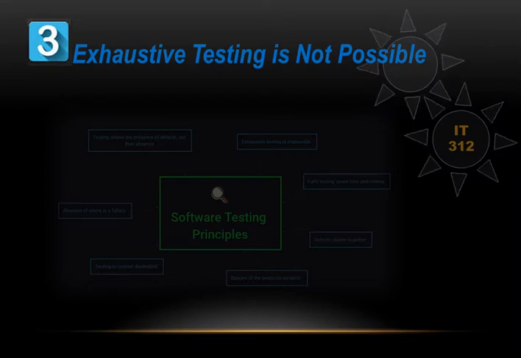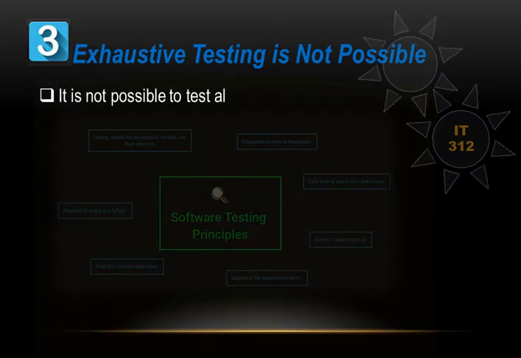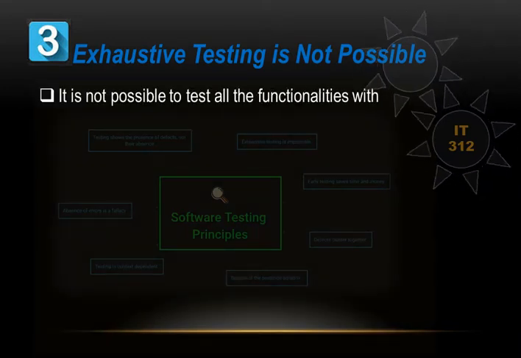Software testing principle number 3: exhaustive testing is not possible.